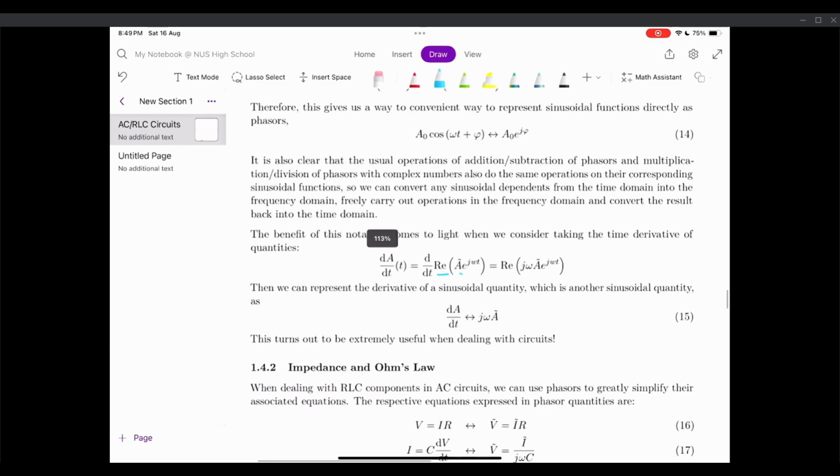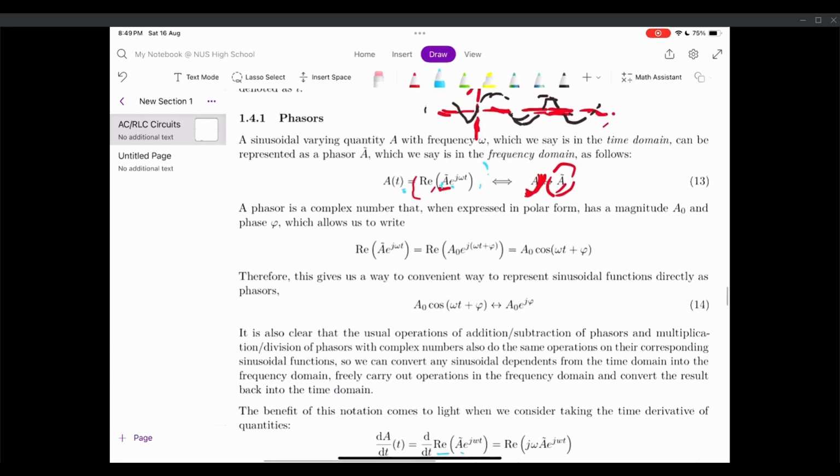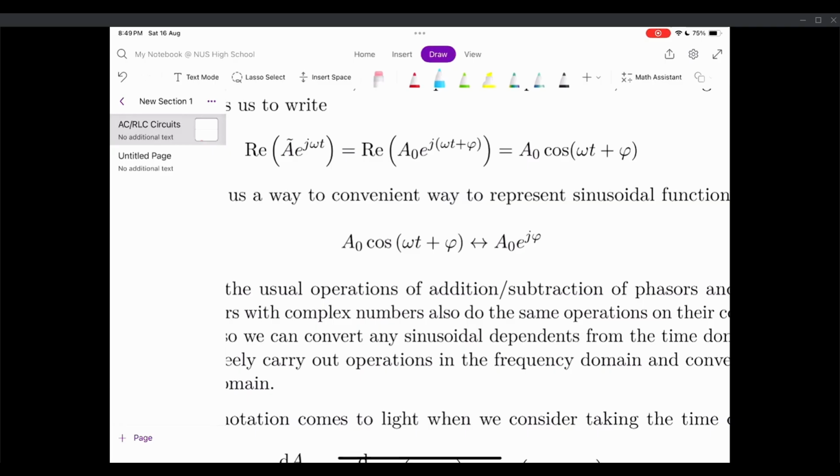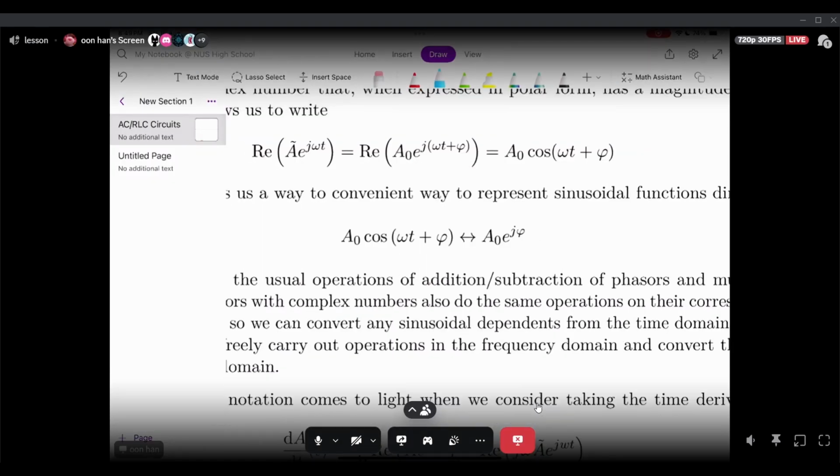But for now, all you need to know is that some sinusoidal function with some amplitude and some phase corresponds to basically a constant number, which is called a phasor. And it's a complex number that has some amplitude and some phase in the Argand space.